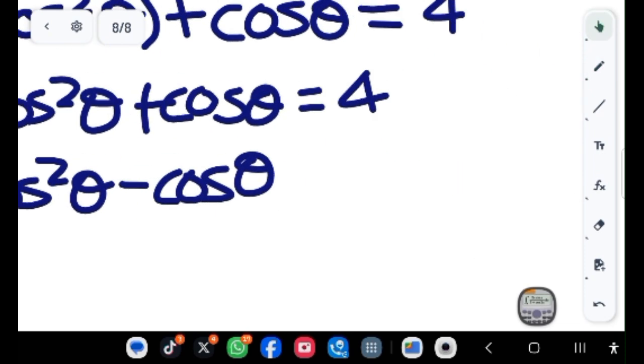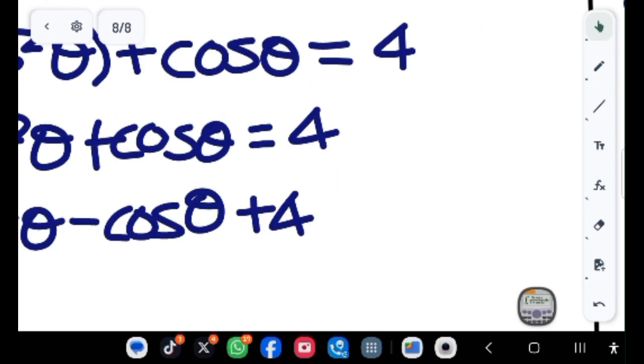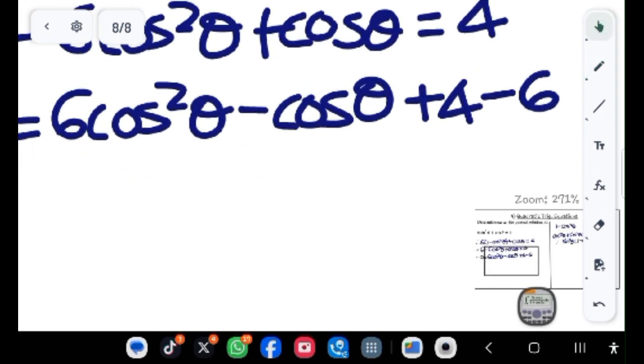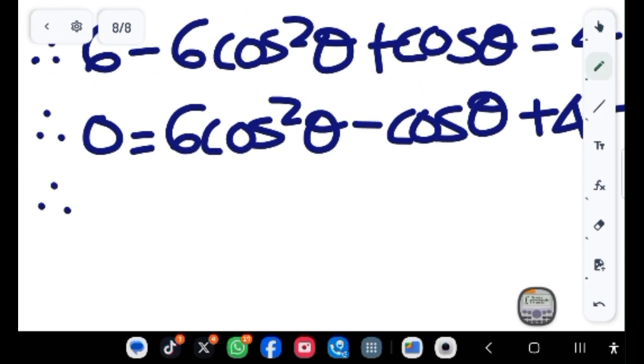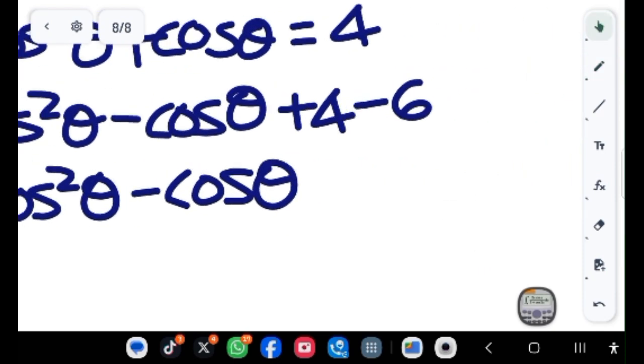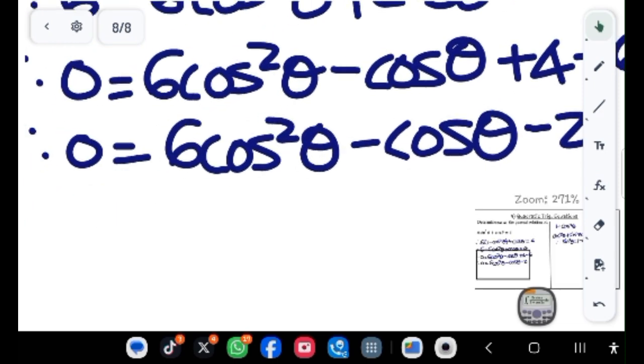You can already see the plus 4 minus 6, and that gives us minus 2. So therefore, 0 equals 6 cos squared theta minus cos of theta minus 2. That is equal to 0.